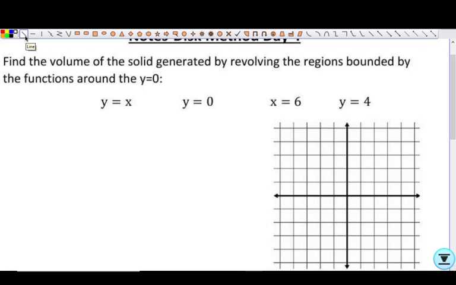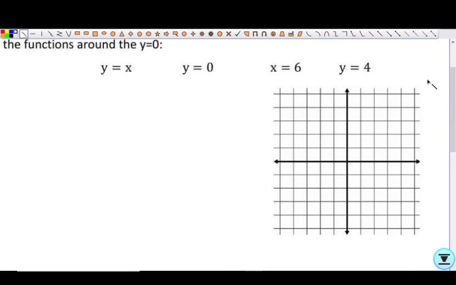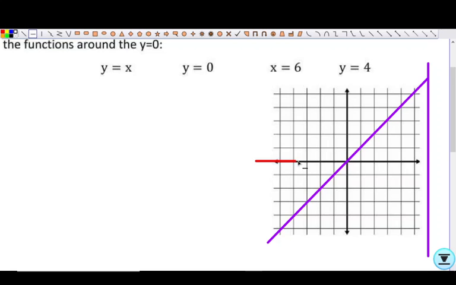You have the y equals x line, and that looks like this. Then you have your x equals 6 line, which is here. Then you have your two y lines at y equals 0 and y equals 4.